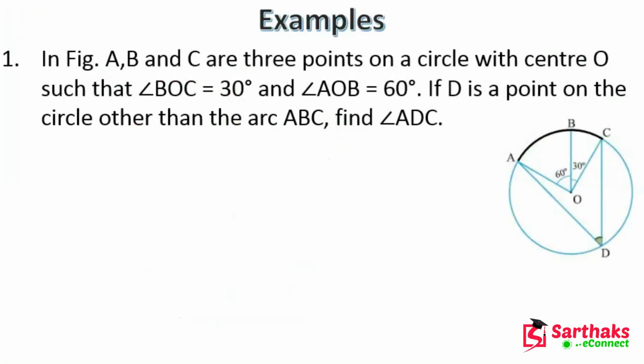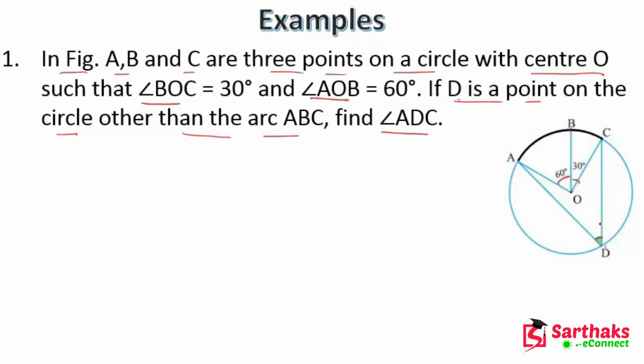Here the question is: in the figure, A, B and C are 3 points on a circle with center O such that angle BOC is 30 degrees and angle AOB is 60 degrees. If D is a point on the circle other than on the arc ABC, then find the angle ADC.